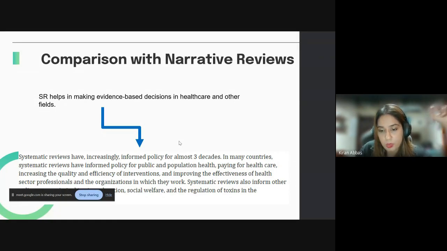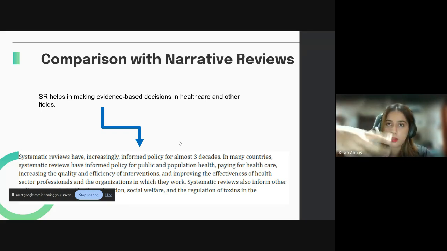They answer a specific question, like whether this vaccine is better than that vaccine, which vaccine we should use, which treatment we should use for certain diseases, or whether there are any other types of treatment that we can use. These are the specific questions that systematic reviews and meta-analyses are trying to answer.